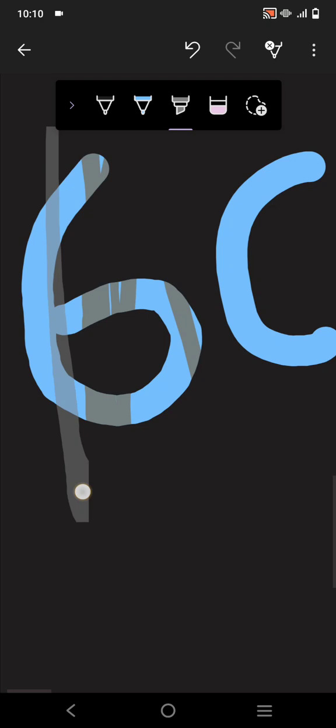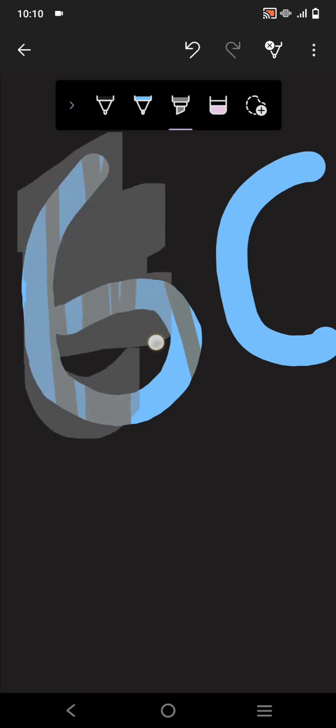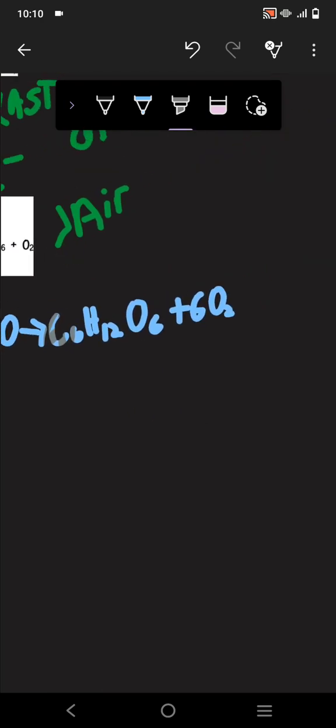Carbon is now 6 on each side: 6 carbon, 6 water molecules, 6 carbon in the glucose molecule, and these 6 oxygen molecules.